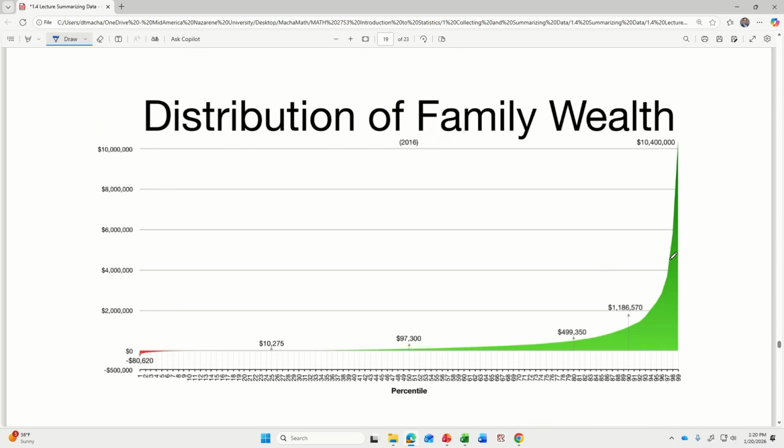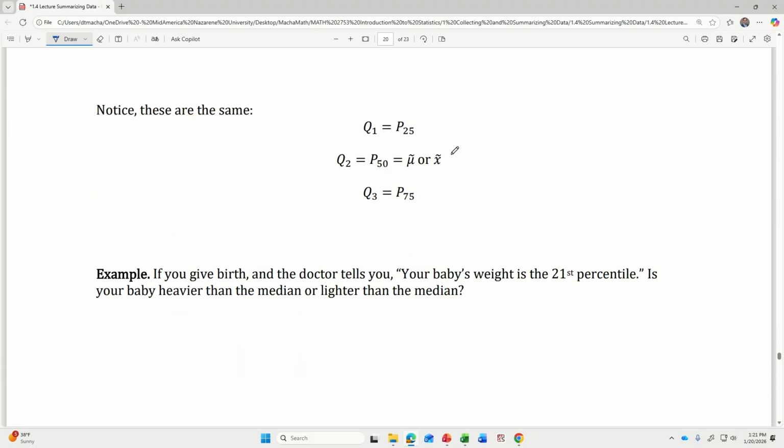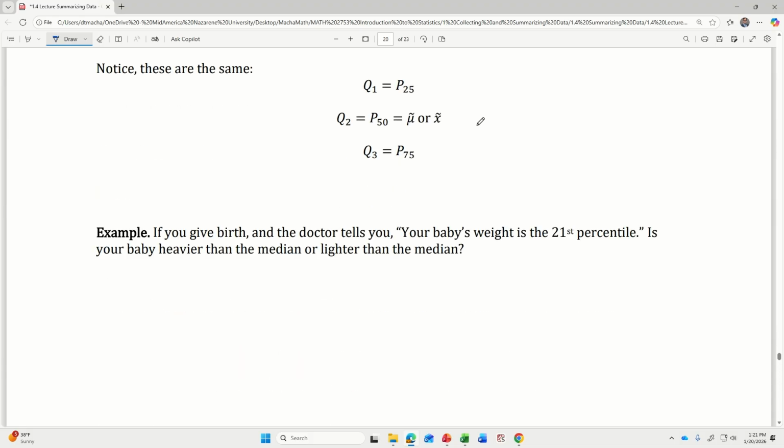This is an interesting graph. But this says that in terms of family wealth, the 99th percentile was 10,400,000 in the US, whereas the median was only about 97,000. And this was 2016, so this is a really old graph. But the curve has gotten even steeper since then, over the last 10 years.